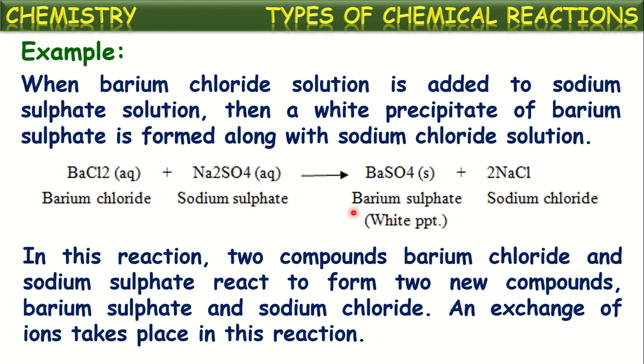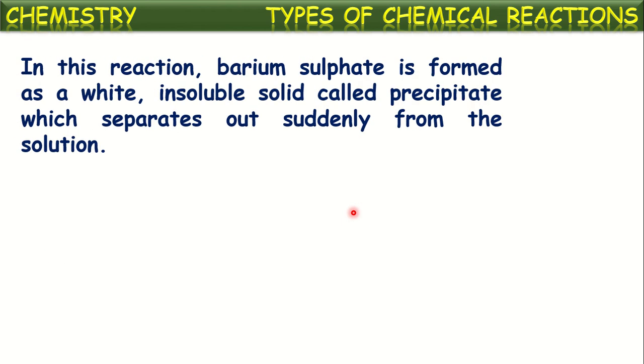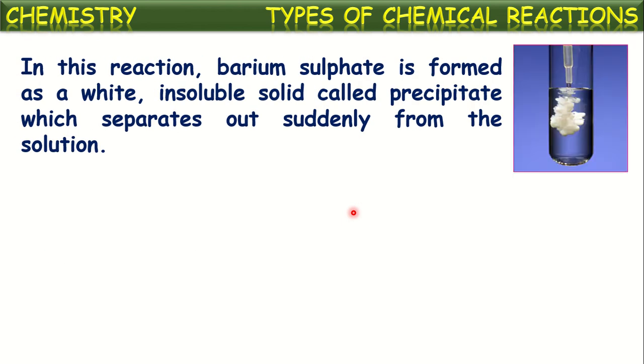Hence this reaction is called double displacement reaction. So in this reaction, barium sulfate is formed as a white precipitate. The white insoluble solid substance formed here is called white precipitate, which separates out suddenly from the solution.